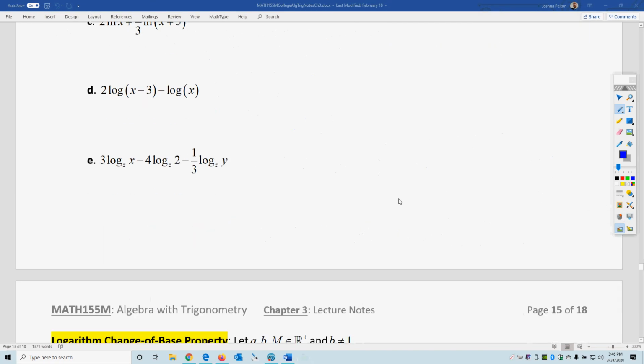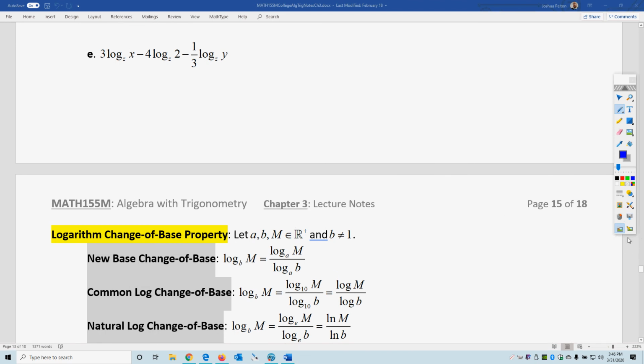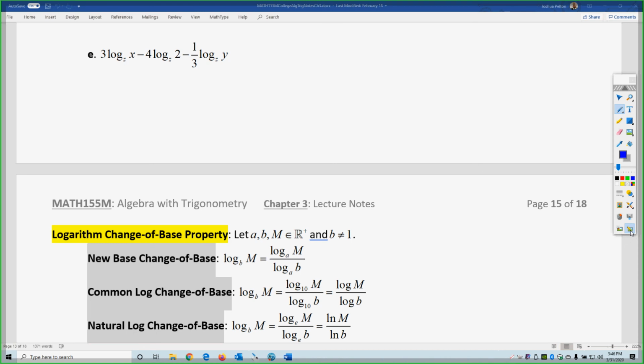All right, some of the three different properties. We need to do them in the correct order. So power, product, then quotient. So doing the powers first, this is log base z. So this is 3 log base z of x to the third minus 4. I'm going to factor out the negative right off the bat.